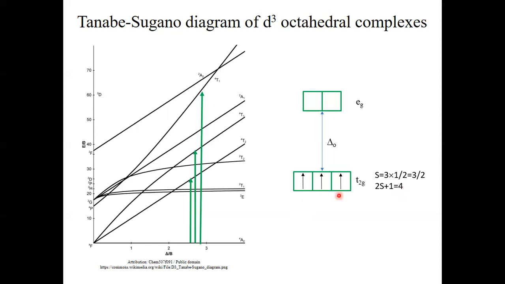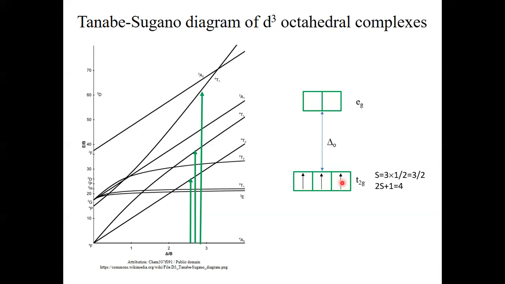Now, of course, we have to keep in mind that this state, as we have depicted here, is only one of a number of microstates that are part of this term. But this is the microstate that would basically determine the spin multiplicity.